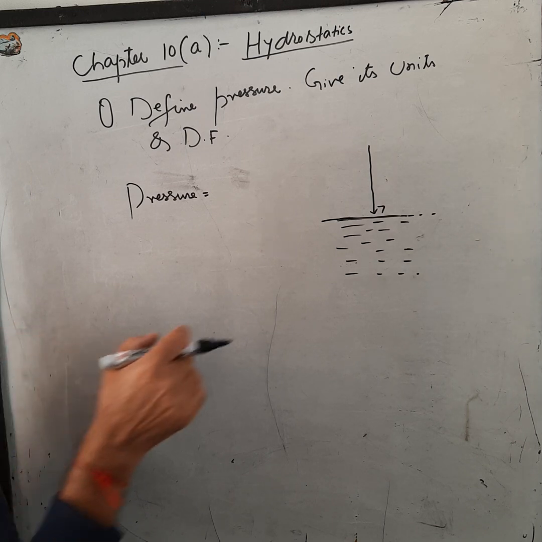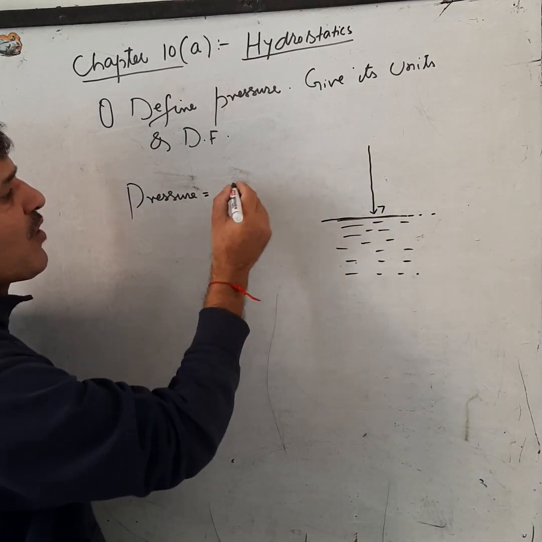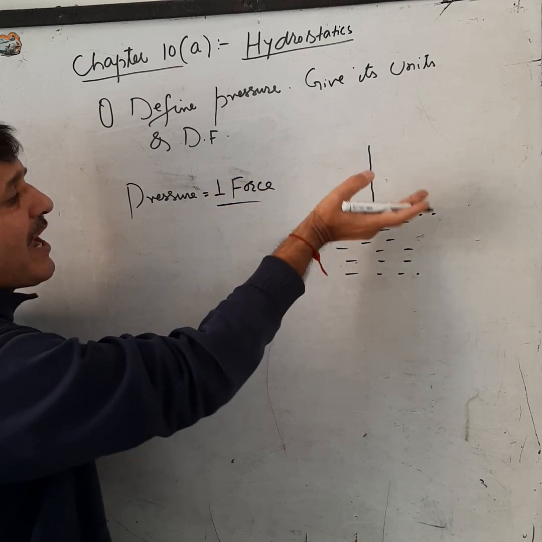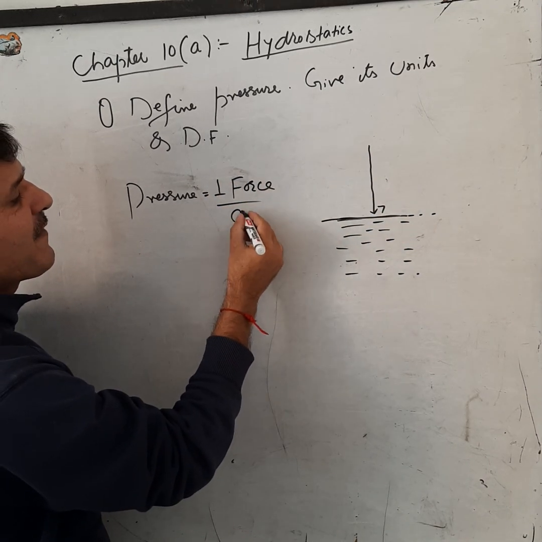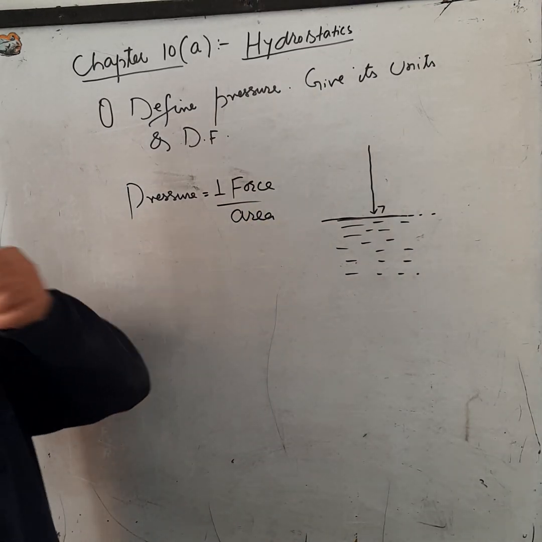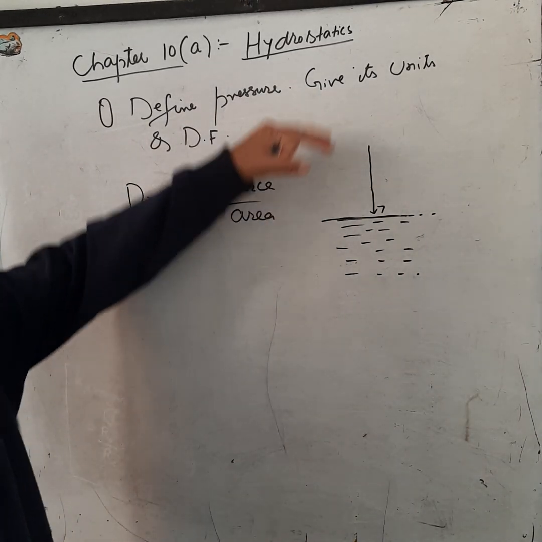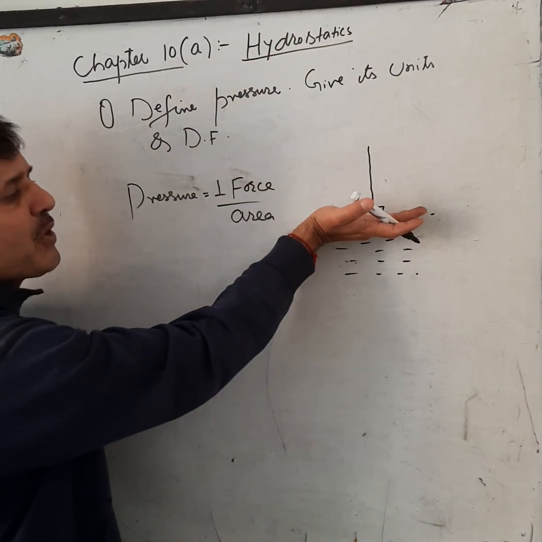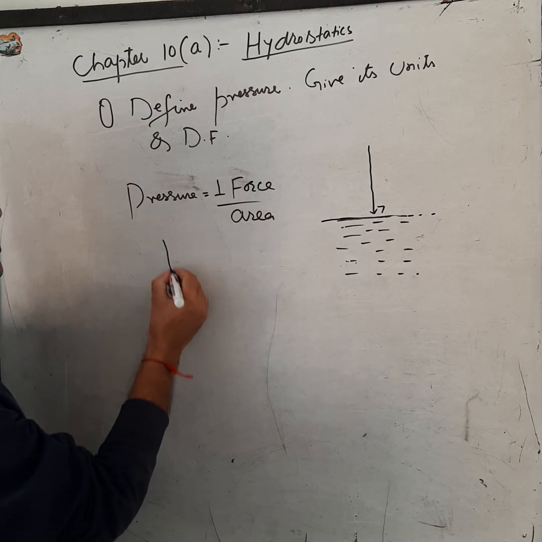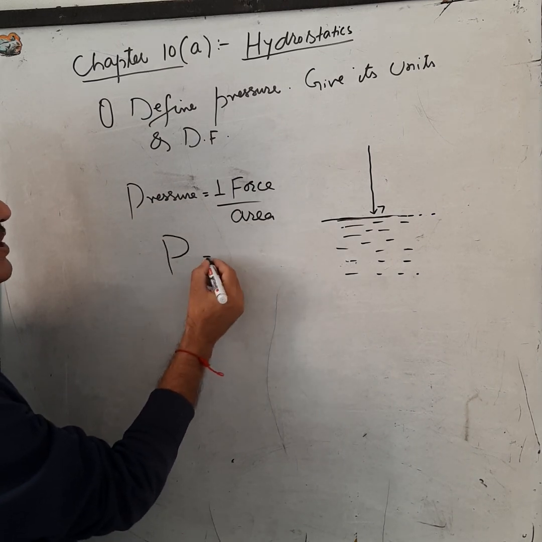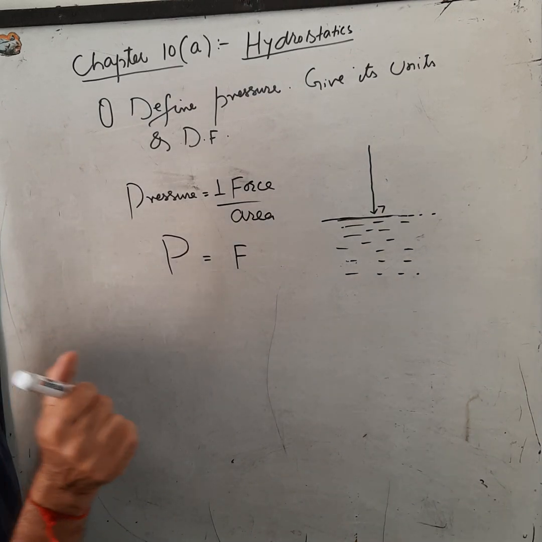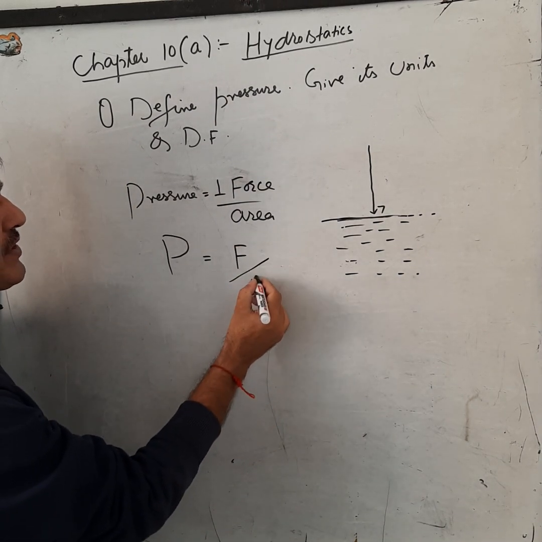Well done. Pressure is denoted by capital P. Capital P is equal to force, the perpendicular force, remember it, upon capital A, which is the area.